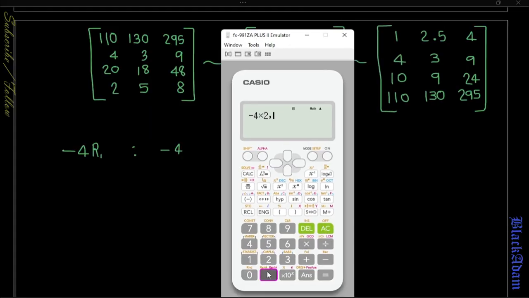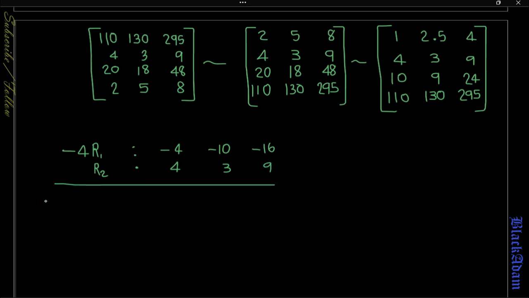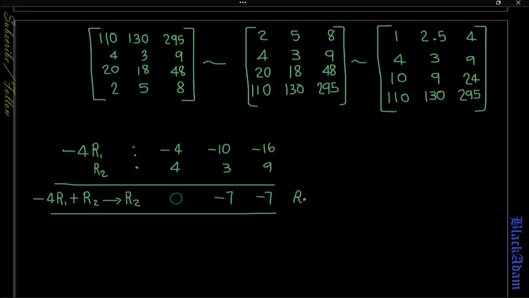It's going to be -4, and then -4 multiplied by 2.5 is -10, and then -4 times 4 is -16, and then row 2 is going to give us 4, 3, and 9, and then we add. So it's -4 row 1 plus row 2. That will give us the new row 2. So that's 0 there, and that's -7, -7. So that will all go to row 2.